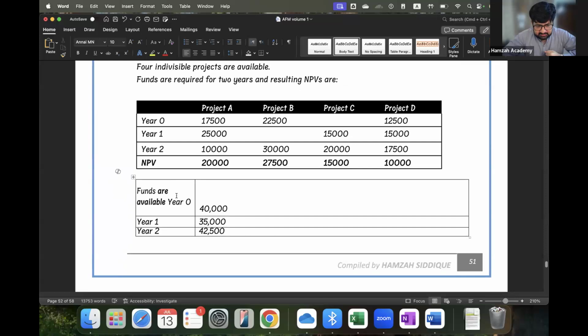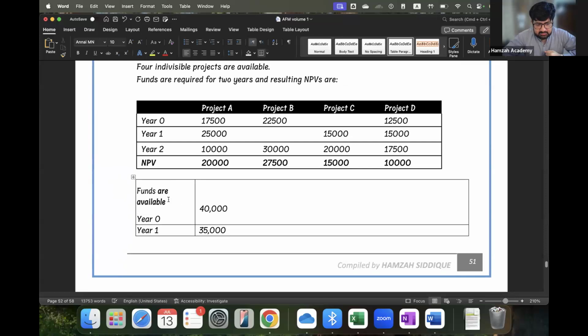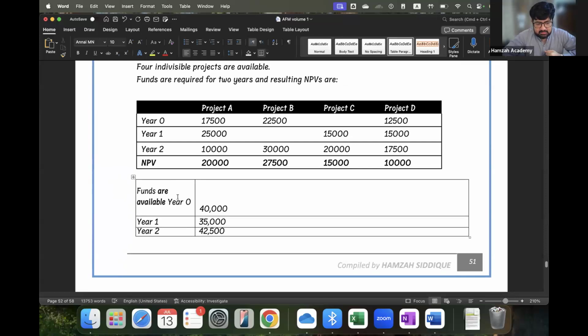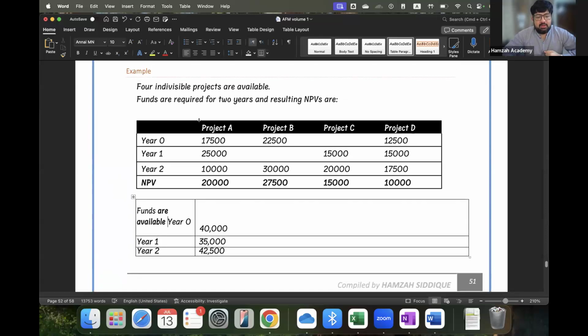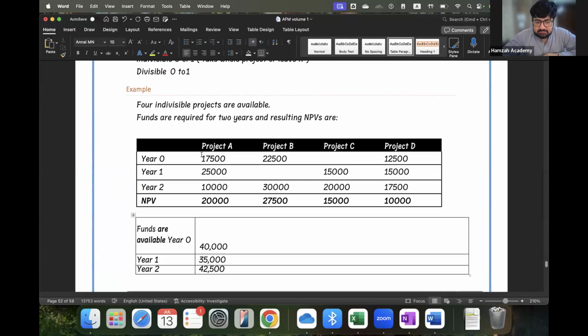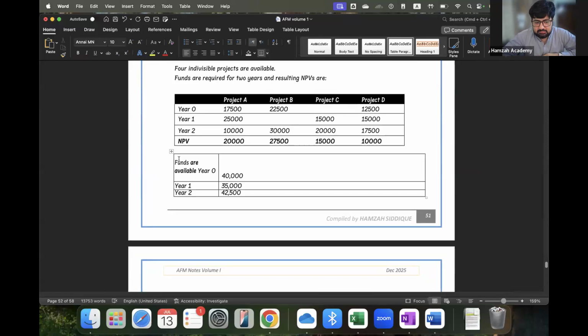This is a project A, B, and C, and D. The details are in front of you. Investments in 3 years.